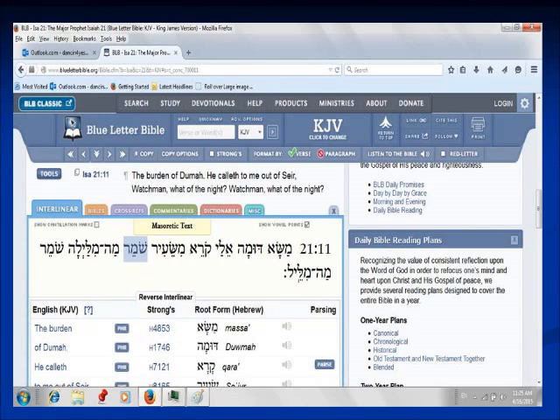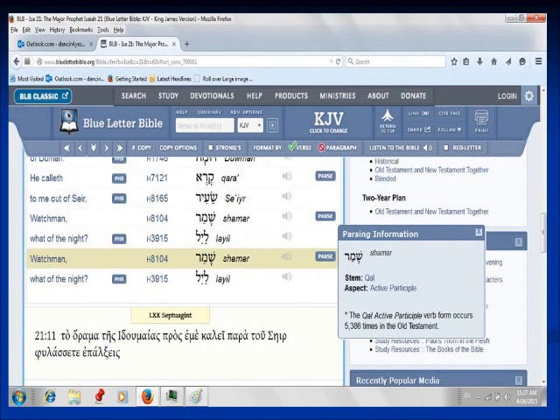I have highlighted the word shomer. Here's our favorite verb root. And we're going to investigate the binyan and tense of shomer using the Blue Letter Bible. So I had to come down a little bit on the screen, and you see that the word is highlighted.